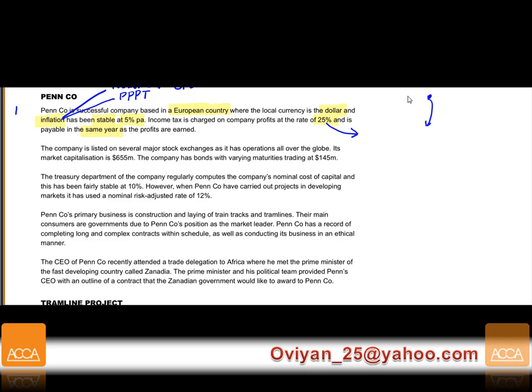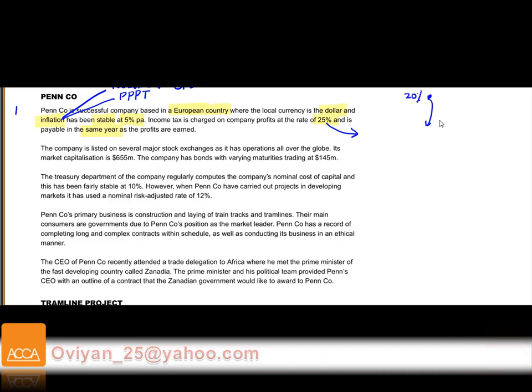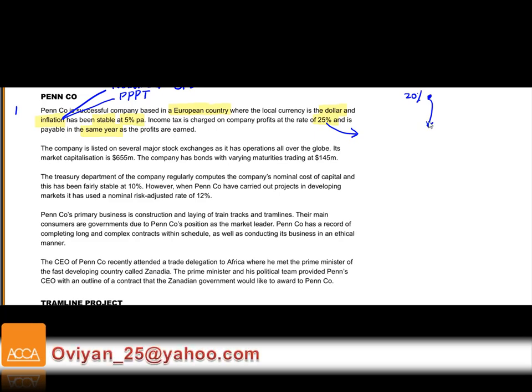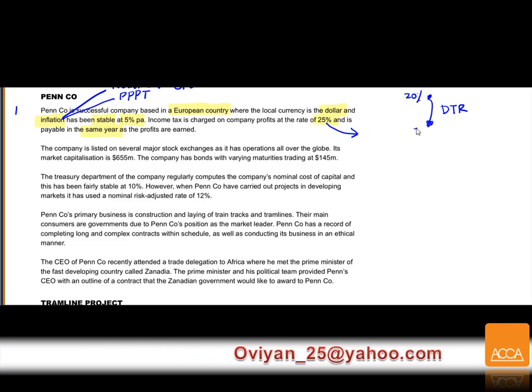For example, if you pay tax in the foreign country at 20%, you come back home, and if you do not have an agreement with that country, you pay another 25%. Usually there will be an agreement. If it's not mentioned, you just assume whether there is or there is not. If there is an agreement, you come home, double tax relief, DTR. If there is an agreement, you come back home, you only pay 5%. Take note of that.